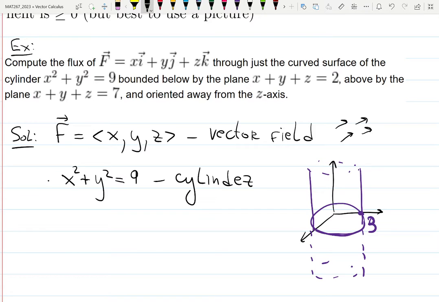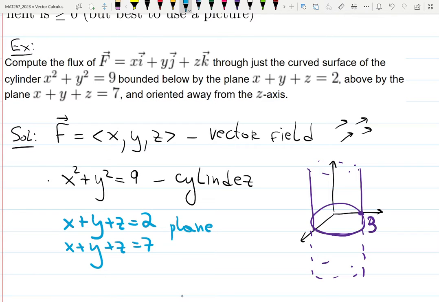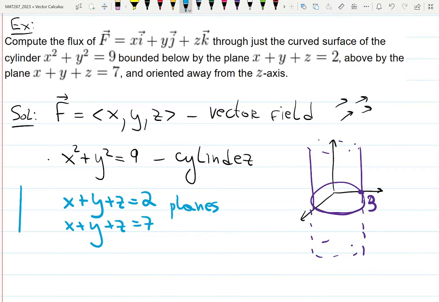And then we're slicing it with two planes, x plus y plus z equals 2, and x plus y plus z equals 7. You might think those are like a leaf here and a leaf here. No, just like x plus y equals 2 gives you a line, in 3D it's the same thing.